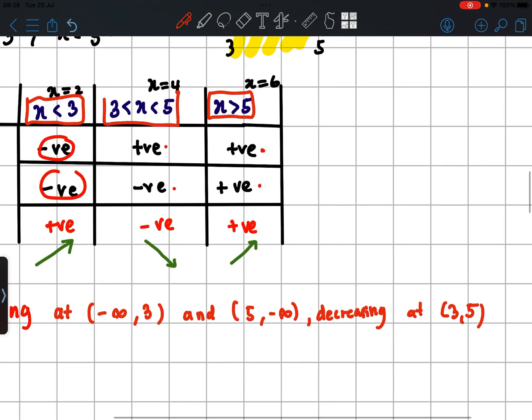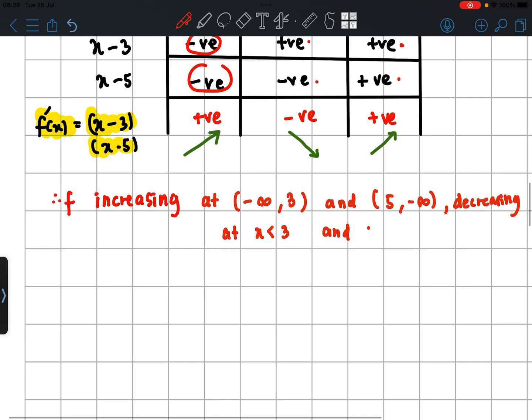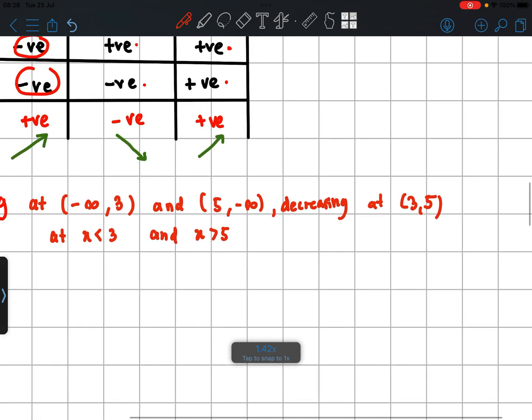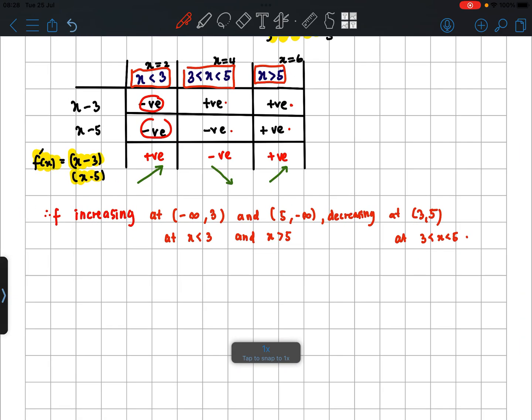Or you can say that at x less than 3 and x greater than 5. So this is the alternative. You can write this in inequalities form lah. The top one is basically the interval form, but you can write it in the inequality form also.